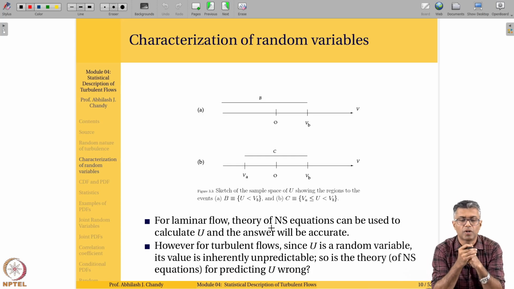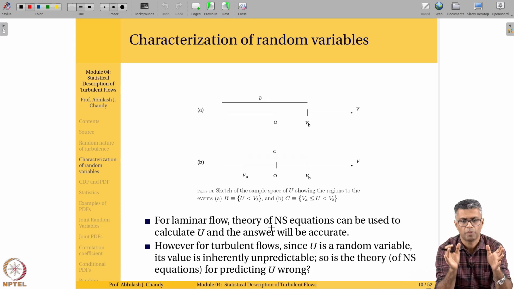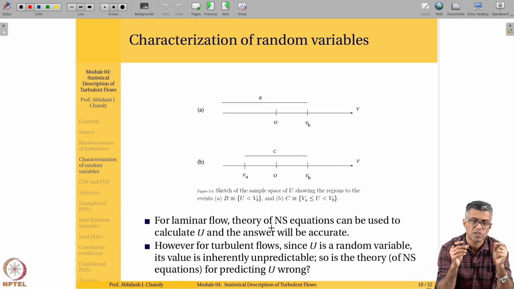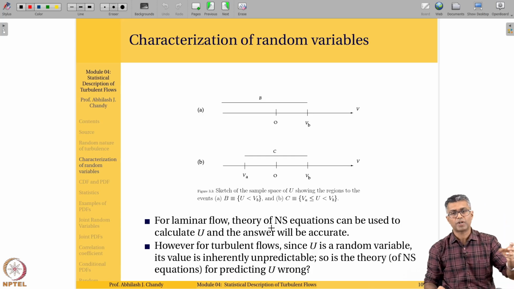If you take the Navier-Stokes equations for laminar flow, you can calculate U exactly and the answer will be accurate. However, for turbulent flow, since U behaves like a random variable, it is inherently unpredictable, isn't it? Because your boundary conditions and initial conditions lead to some sort of variation.